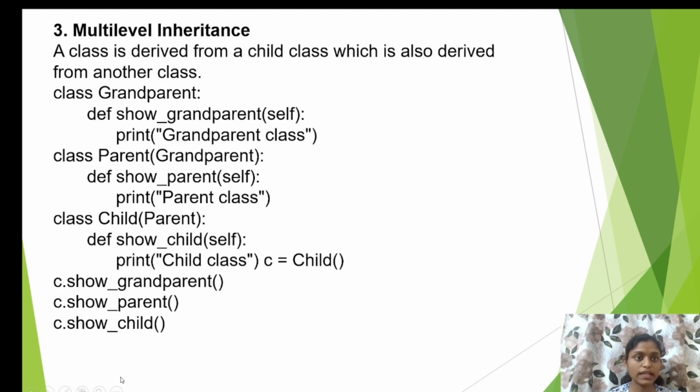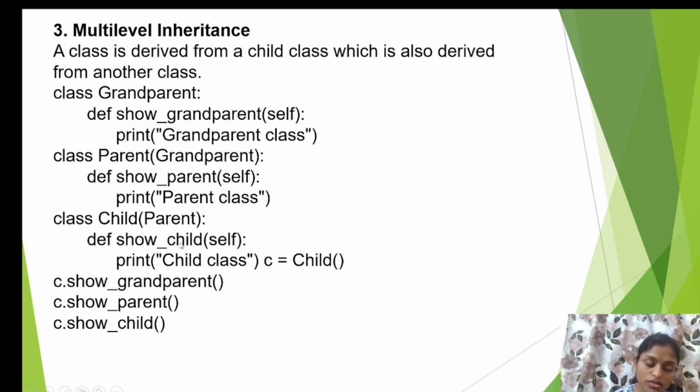And next go into multi-level inheritance. A class is derived from a child class which is also derived from another class. Here I created a class with the name Grandparent and created a method show_grandparent(self) and printed grandparent class. Then class Parent inherits Grandparent, and I created a method show_parent(self). It is simple: this Parent class is inherited from the Grandparent class and the Child class is inherited from the Parent class.